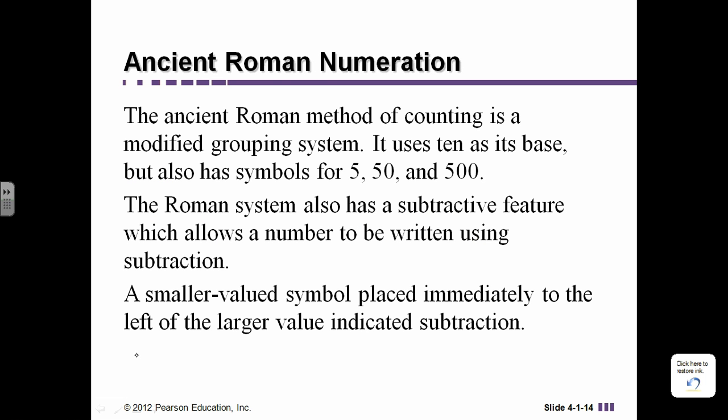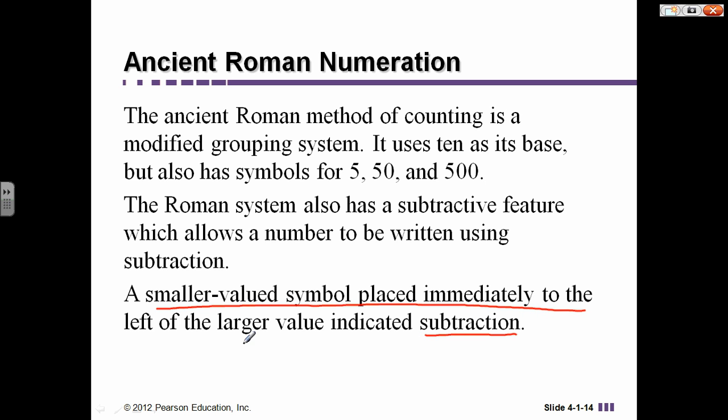So in the ancient Roman system, it modified it. It still uses 10 as its base, but it also has symbols for some of the other numbers such as 5, 50, and 500. They have a subtraction feature, and they have a little rule here. The smaller value to the left of the larger value indicates subtraction.